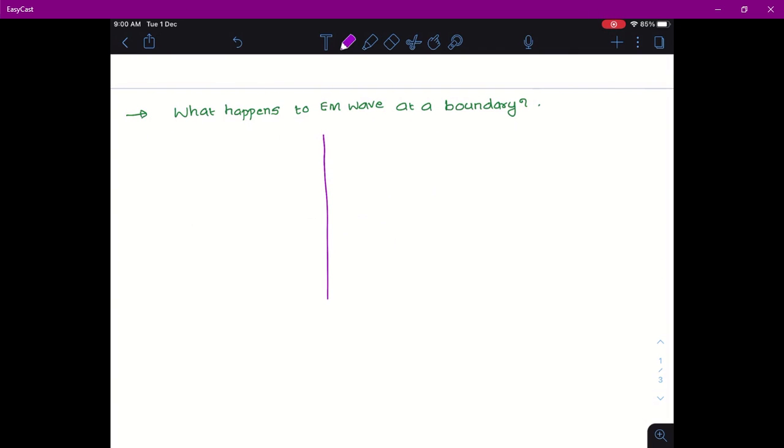So let's say this is our boundary. Now let's assume the boundary is in the x direction. Since the boundary is in the x direction, I can have one medium alongside, and I have a y axis which is towards the plane of paper, so that all three axes are perpendicular.